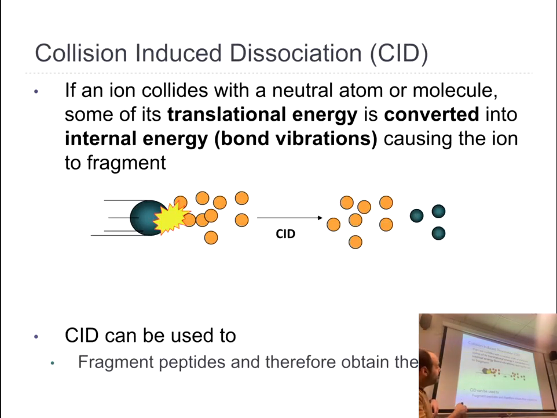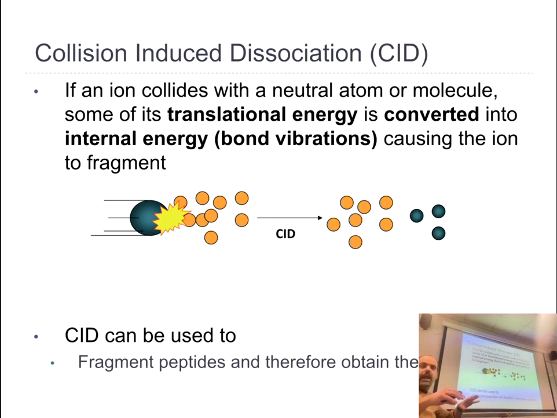So what happens is, if you increase the energy by which your ion goes through, it's going to have higher kinetic energy. Some of its translational energy after these collisions will be converted into internal energy. So suddenly the bonds of the molecule are going to start vibrating after all these collisions. And then at some point, it's going to cause your ion to fragment.